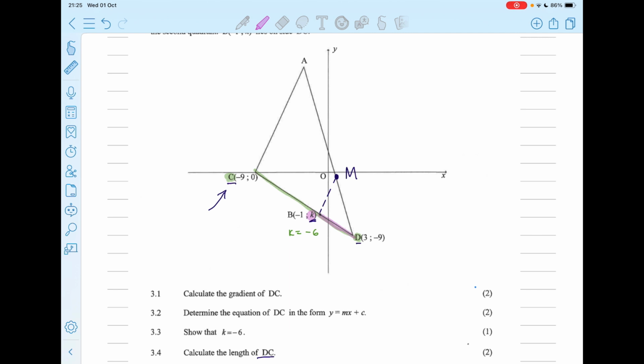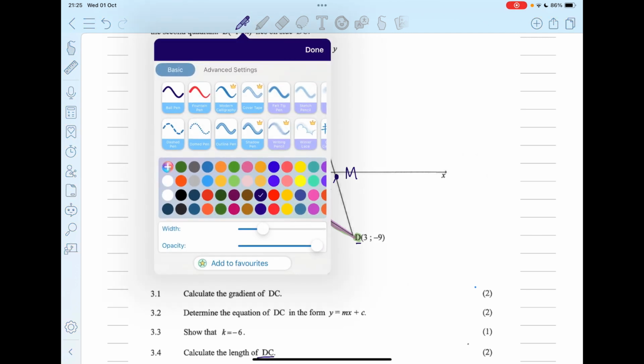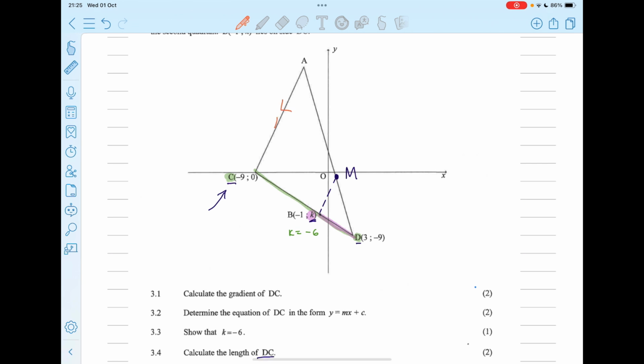Since these two lines are parallel, according to the proportionality theorem, the ratio of DM to DA should also be equal, right?